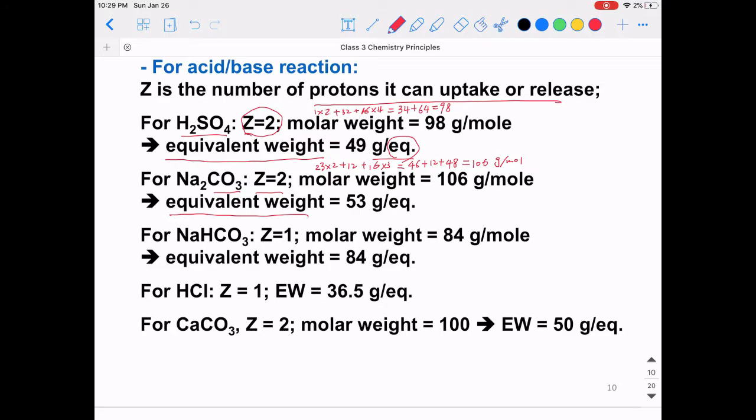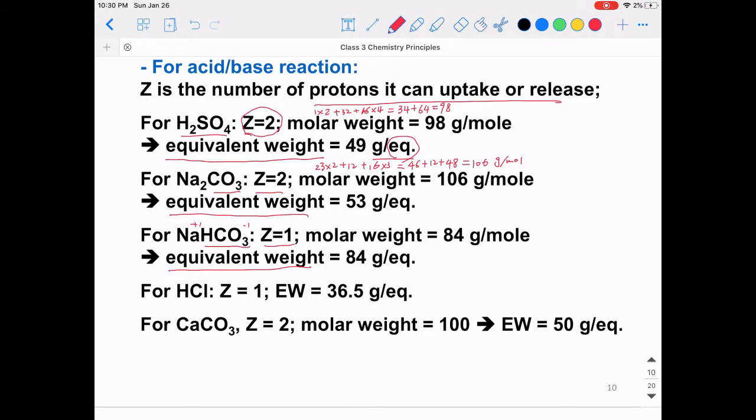And for the sodium bicarbonate, we see that sodium carries 1 charge and the bicarbonate ion carries 1 negative charge. So Z is equal to 1, and the molecular weight is 84 gram per mole. So the equivalent weight for the sodium bicarbonate is 84.